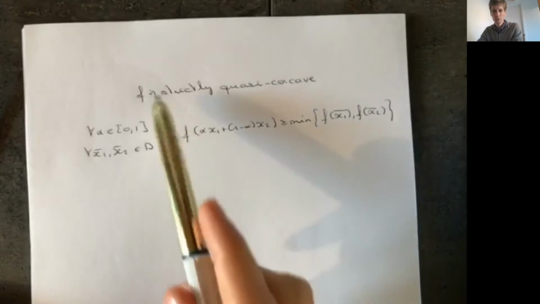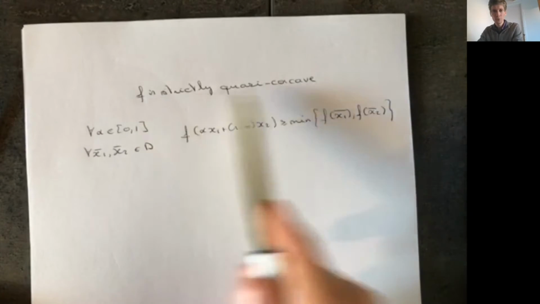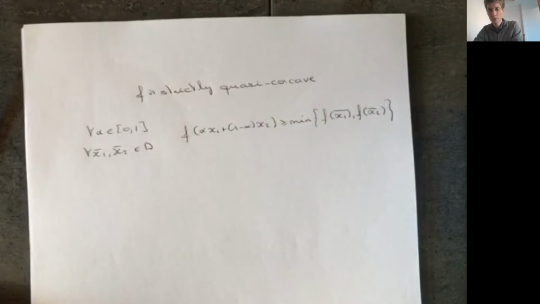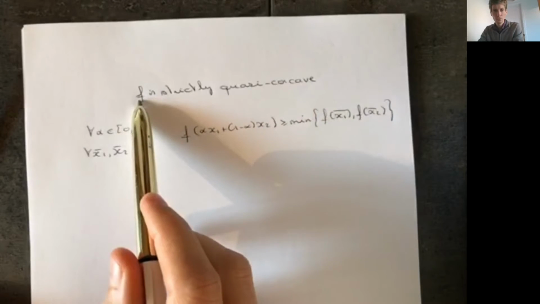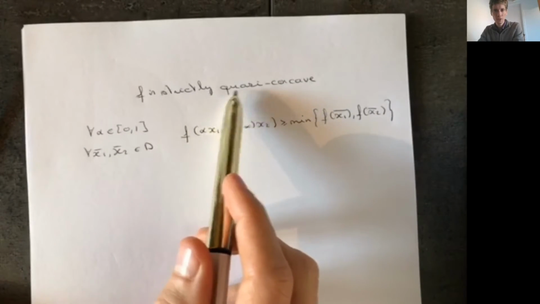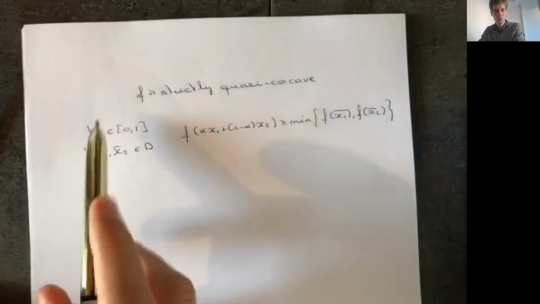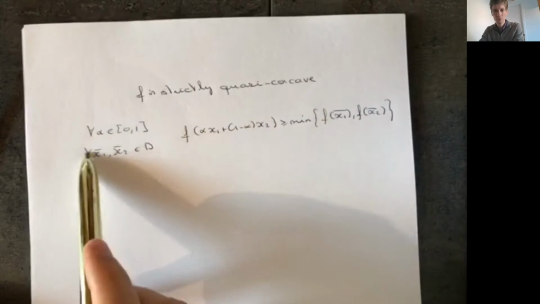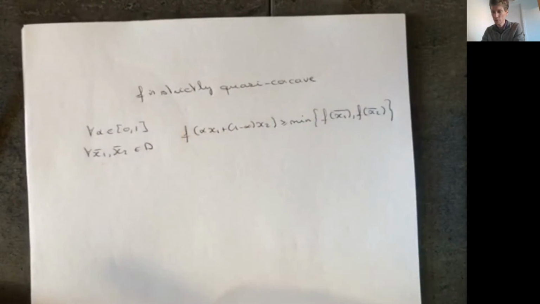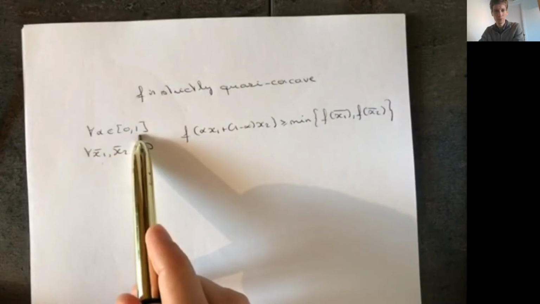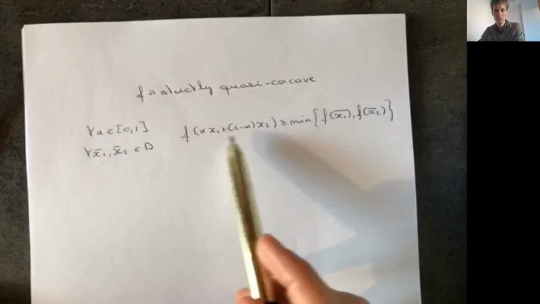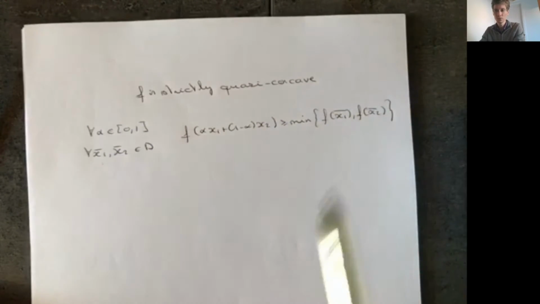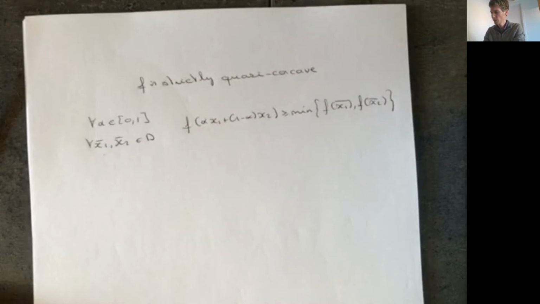Okay, so we also have a strict version of quasi-concavity and quasi-convexity. So we say that a function is strictly quasi-concave. So first we need the definition of quasi-concavity, right? So this means that for all alpha between 0 and 1, and for all x1, x2, this inequality holds, right? This is what you have seen previously.